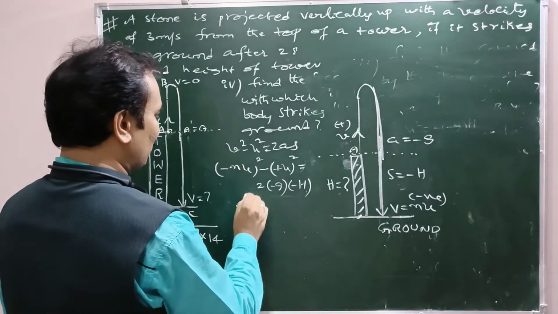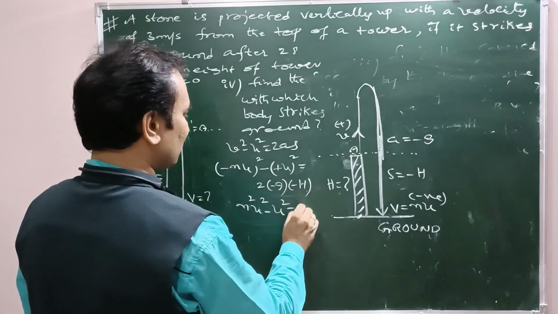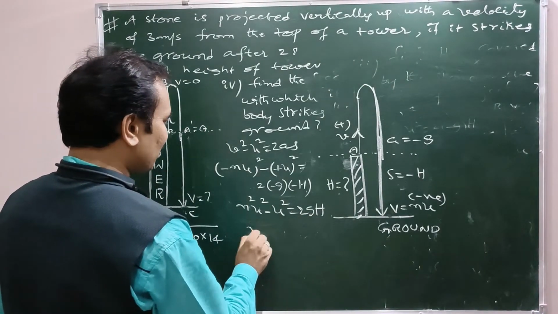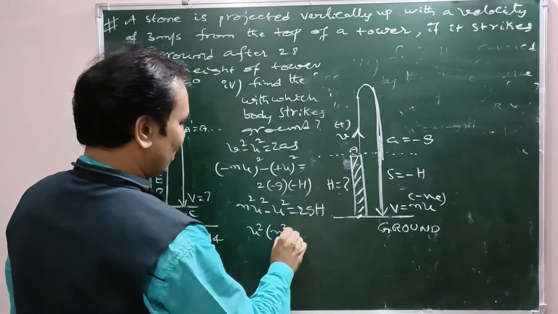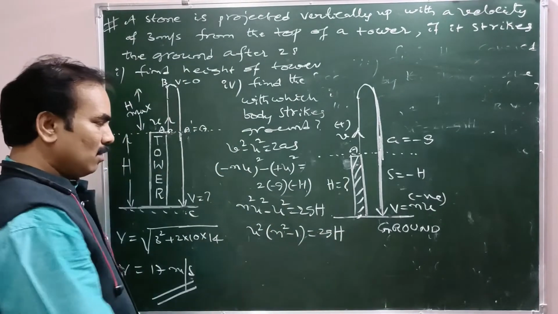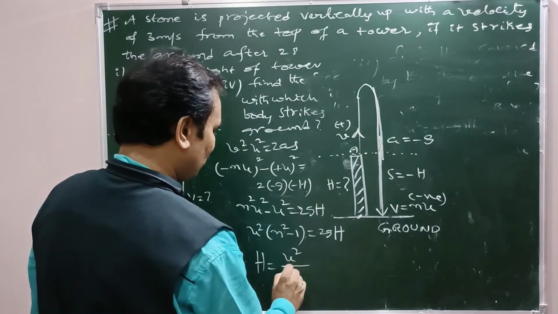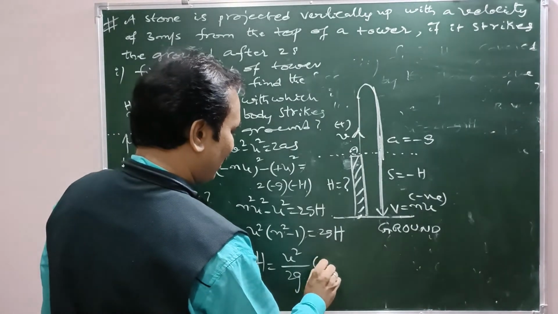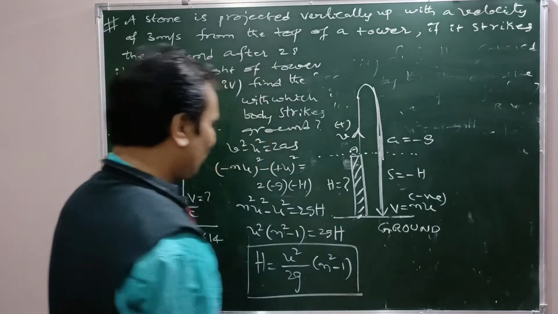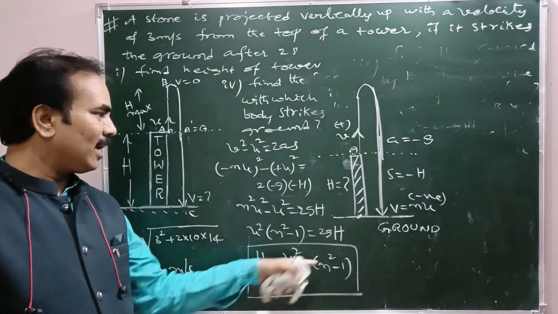That is n square u square minus u square equal to 2gh. u square is common here: u square into n square minus 1 equal to 2gh. Now h equal to u square by 2g into n square minus 1. This is the expression for finding the height of the tower.